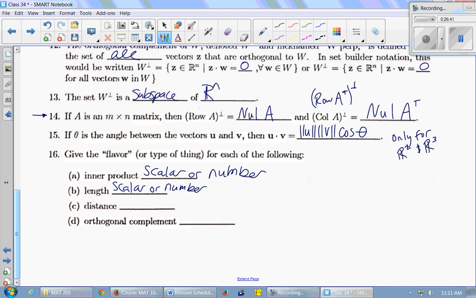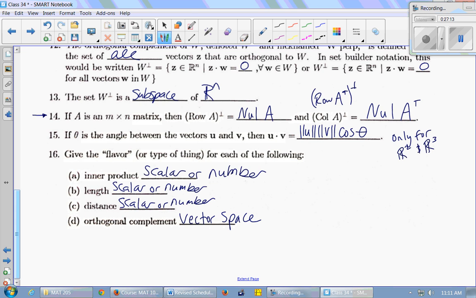Distance is a scalar. Distance and length are the same thing. Orthogonal complement is a vector space. Right, it's the set of all vectors that are orthogonal to every vector in some vector space.